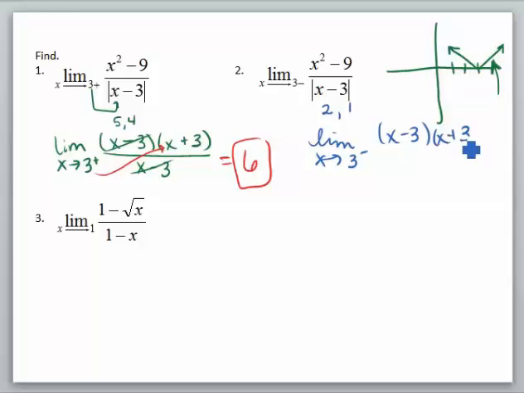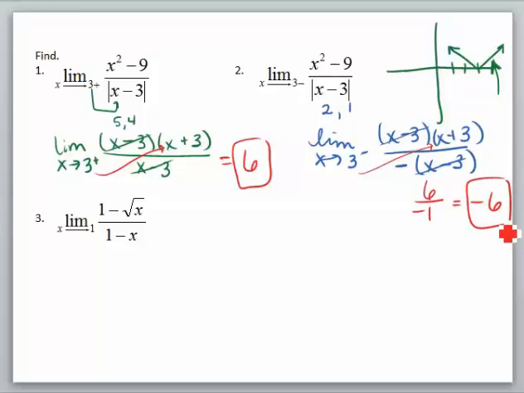And then the bottom, we're going to write the negative portion of this absolute value. So we can actually express this absolute value as negative x minus 3. Because those numbers, when you plug 2 in, gives you a negative before you take the absolute value. So now when you go ahead and reduce, we'll come up with the answer through direct substitution of 6 over negative 1, which is a negative 6.